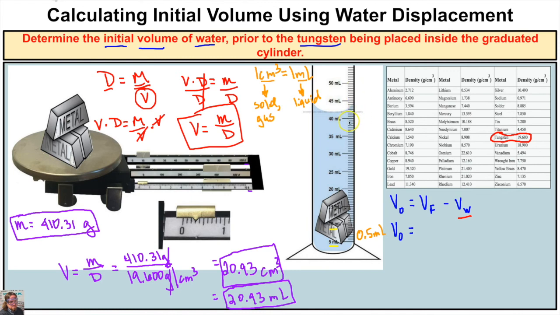And so let's get the final volume here. We see that this is 40, 40.5, 41, 41.5, and it's not quite at 42. So we're going to call this 41.8. We'll call the final volume 41.8 milliliters.